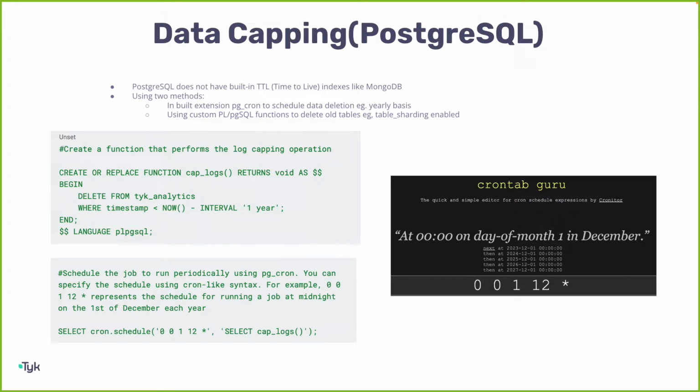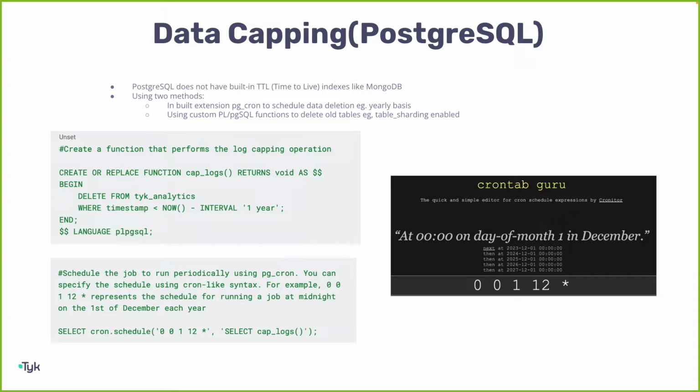On the slides itself, as you can see, first you need to create a function that performs the log capping operation. This function should contain the logic to identify and remove logs older than a certain threshold. So for my example, logs older than a year. Once a function is created with PGSQL, we will need to schedule the job.